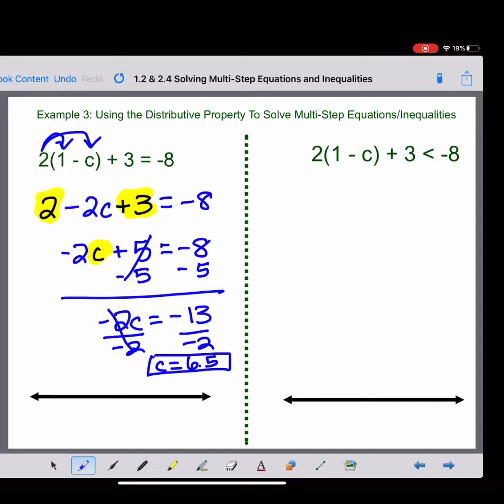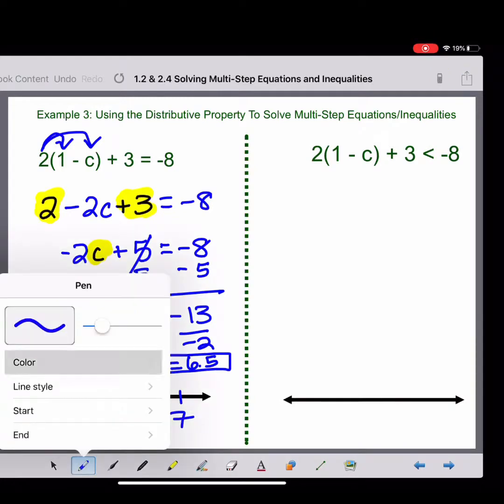So to graph an equation, I'm going to locate 6.5 on my number line, which is halfway between 6 and 7, and place a closed dot on 6.5. When we go to solve the inequality, the process is exactly the same.